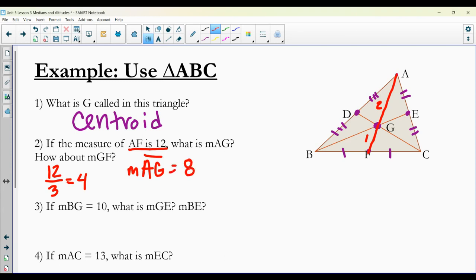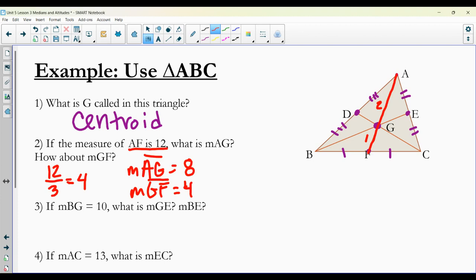That means the measure from G to F would be 4. Just to make sure, if we add those together, does that equal 12? 8 plus 4 does equal 12. So that goes back to what we were originally given, that AF is 12.